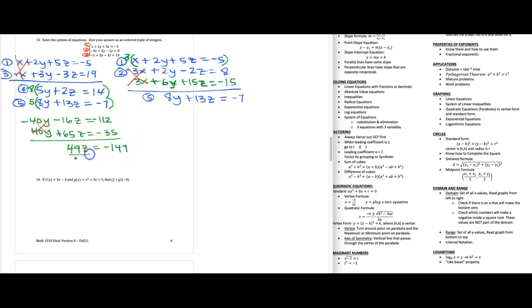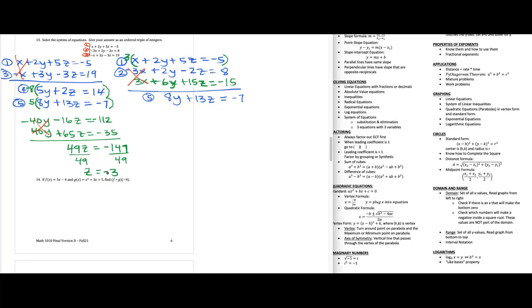And then the last thing I need to do is divide by 49. That is a 7. It's kind of weird there. And so what do we get there? 3. Z equals 3, or it's going to be, oh, negative 3. Yep, negative 3. Awesome.